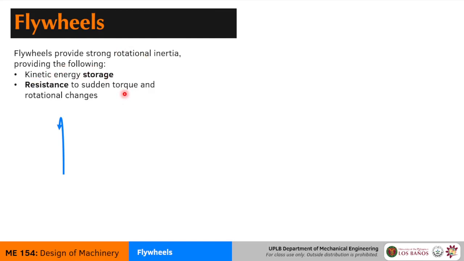So that means it takes a while for the shaft that has this big mass to adapt its speed. For some applications, this is actually useful. So you have a resistance to sudden torque or rotational changes. Number two, since it is heavy and it has dynamic rotation, it is capable of storing and dispensing kinetic energy for a variety of reasons.